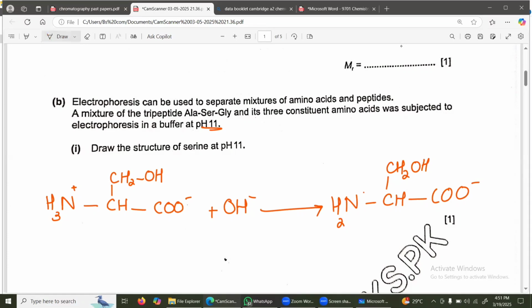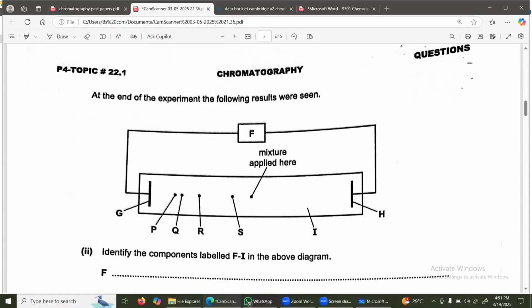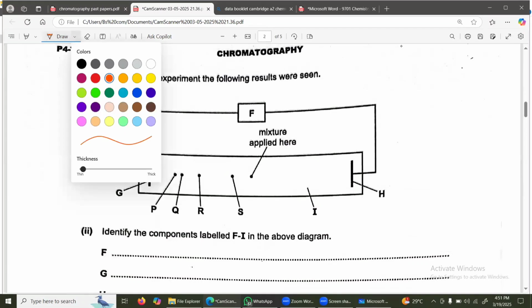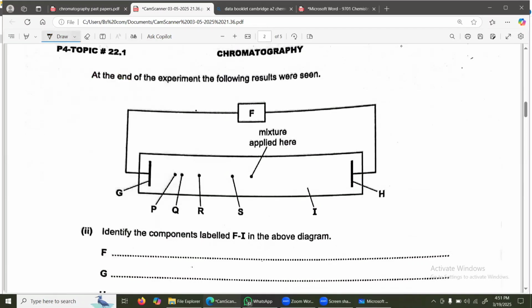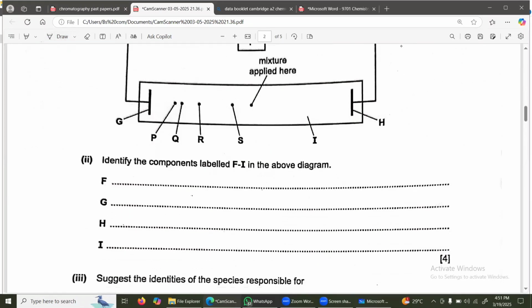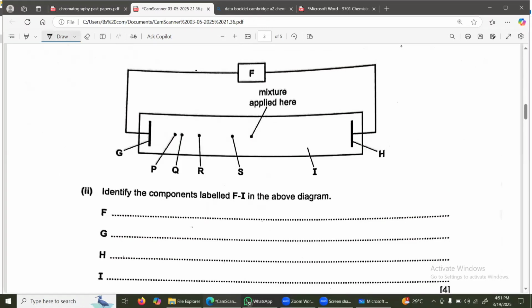Okay, so now the next question. At the end of the experiment, the following results were seen. So first of all, you have to identify the components that are labeled F to I in the above diagram. So this is the electrophoresis instrumentation. F is obviously a DC power supply.